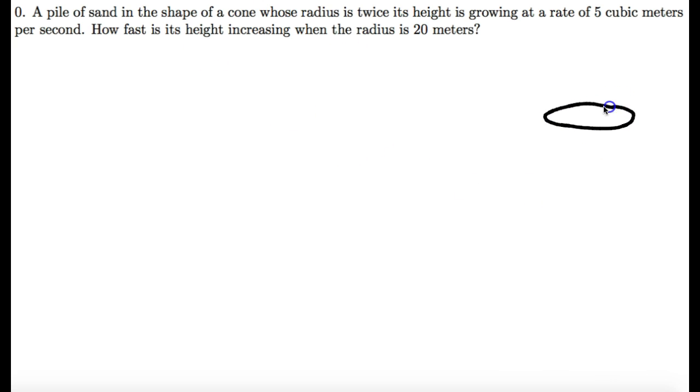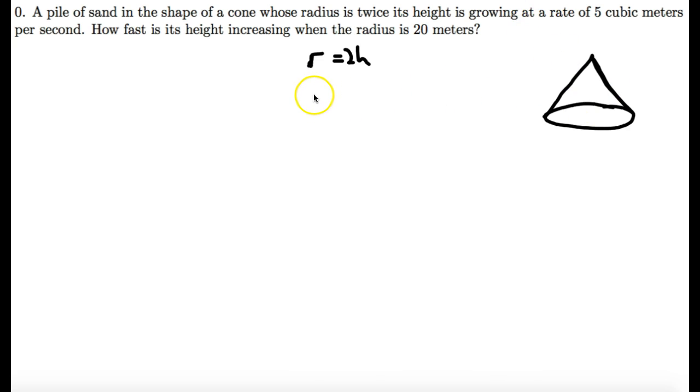This will be a cone shaped like this that's growing. Right? So let's see what we have. The radius is twice the height. Just jot that down. I know radius is going to be 2 times the height.